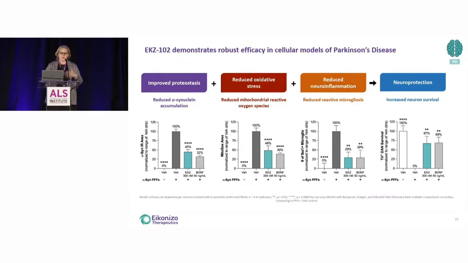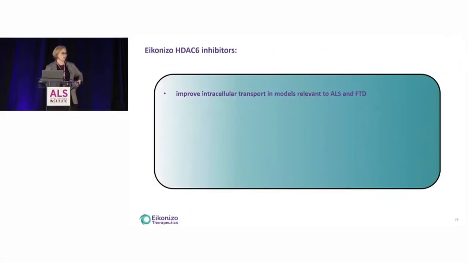I hope that cumulatively these results and our passion for HDAC6 inhibition have piqued your interest in this target. So to summarize, I've shown you so far that our HDAC6 inhibitors improve intracellular transport in models relevant to ALS and FTD.